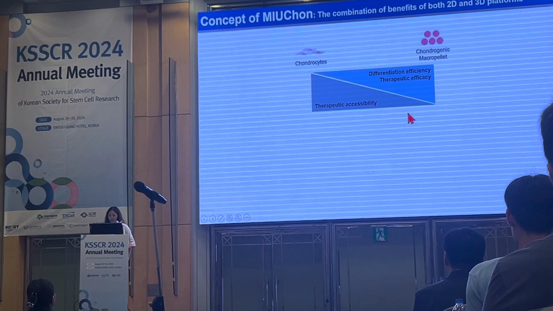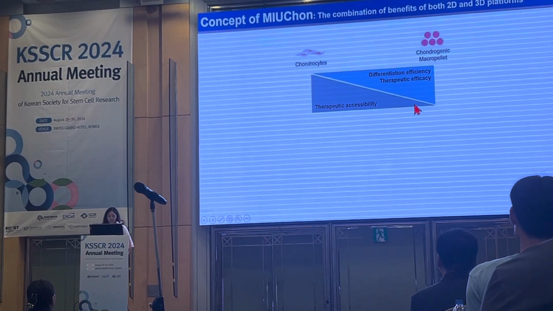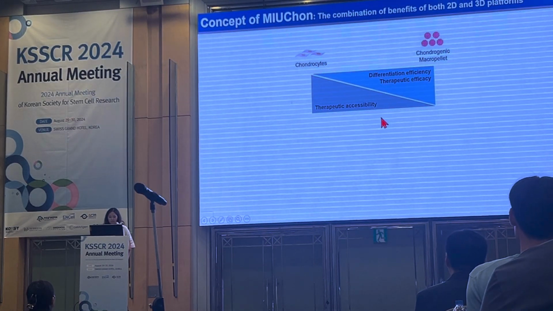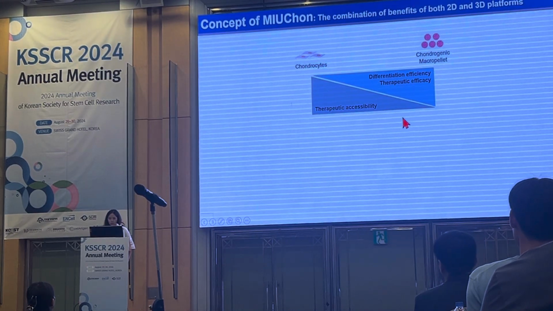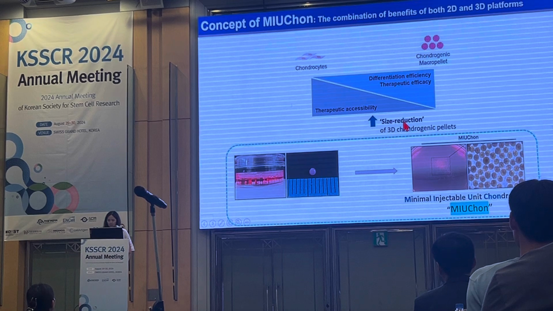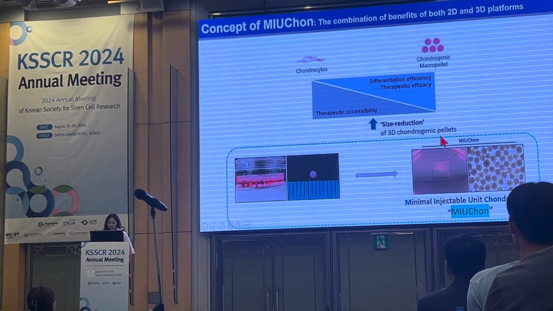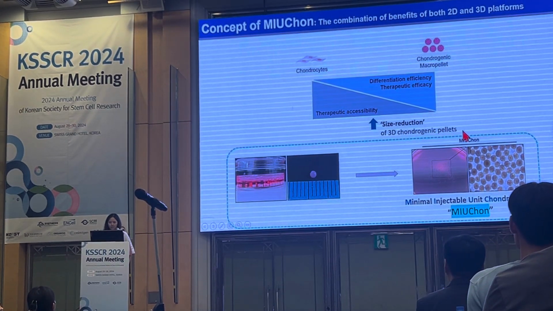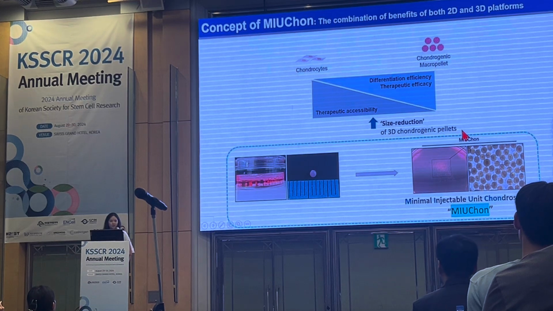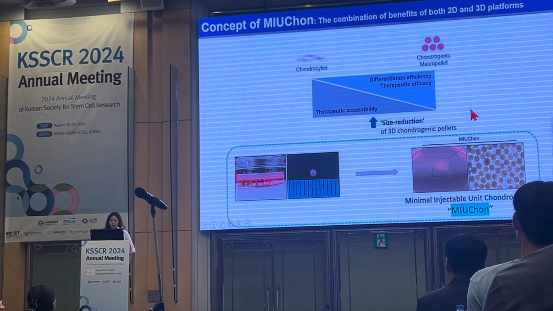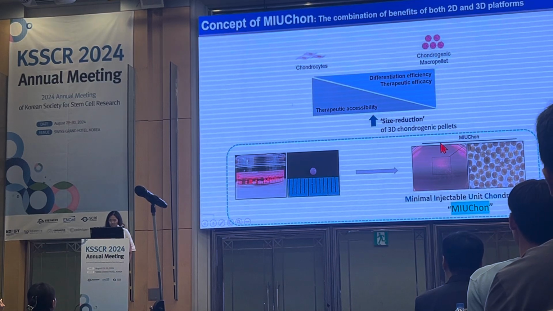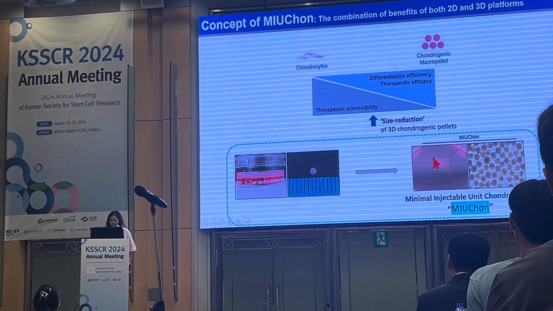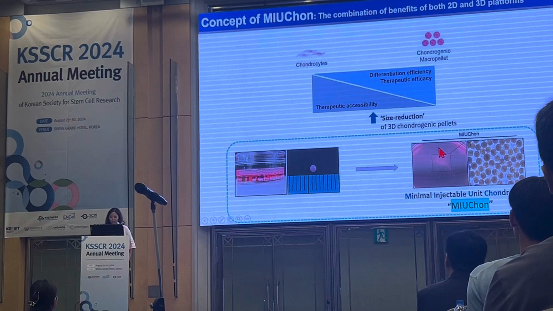However, they have to be delivered through a surgical procedure, so they have less therapeutic accessibility compared to single chondrocytes. So we tried to develop size-reduced three-dimensional chondrogenic cell pellets to combine the benefits of both two-dimensional and three-dimensional platforms. And this was the first product called the minimal injectable unit chondrospheres, and we called it in short MUCON.